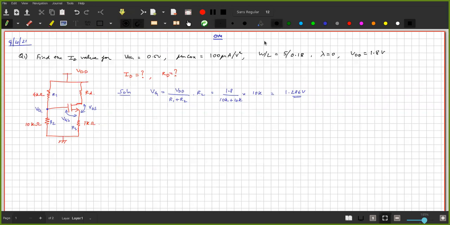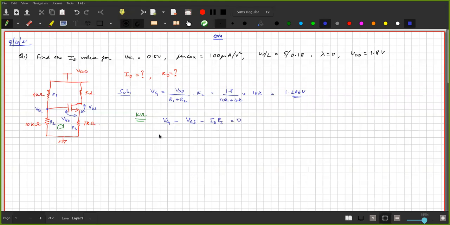Now if I apply KVL in this direction, what I get is VG minus VGS minus ID into RS equals 0.